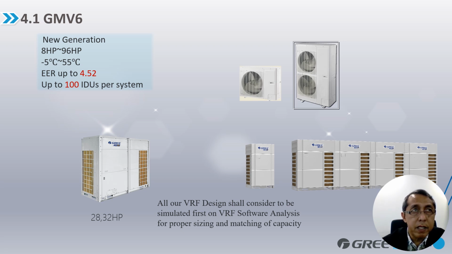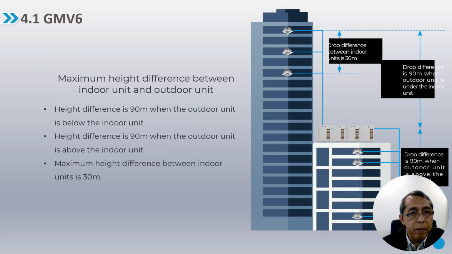I think there is a BOQ that will be given as well once simulation is completed. The maximum height difference between indoor and outdoor unit is 90 meters. And the maximum difference between indoor units is 30 meters.